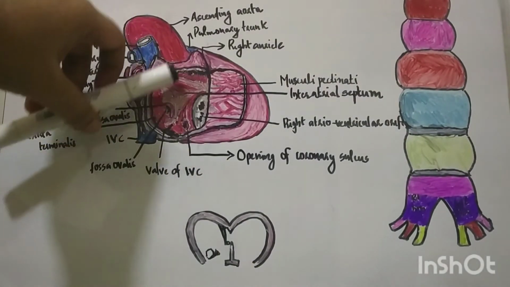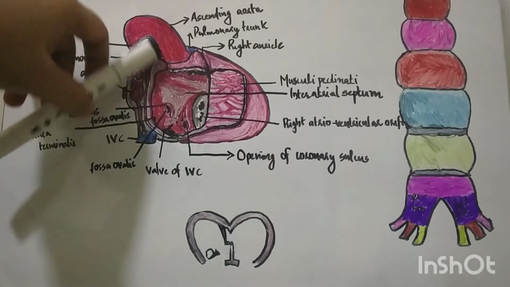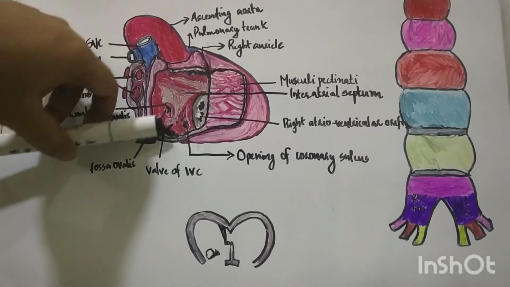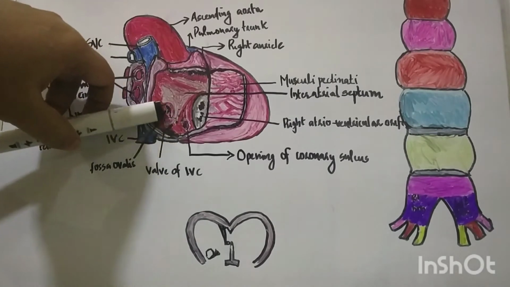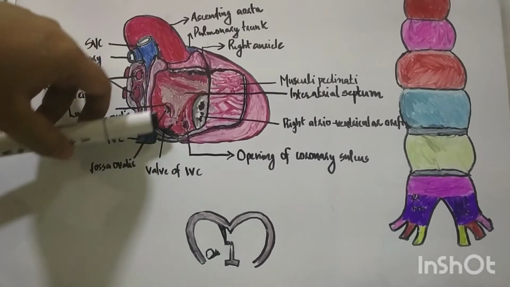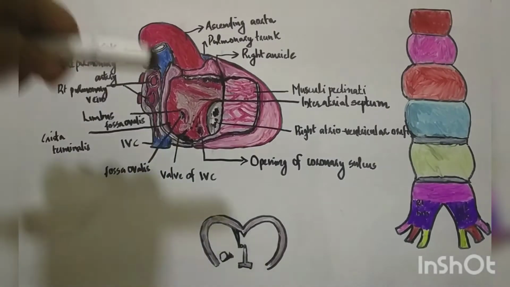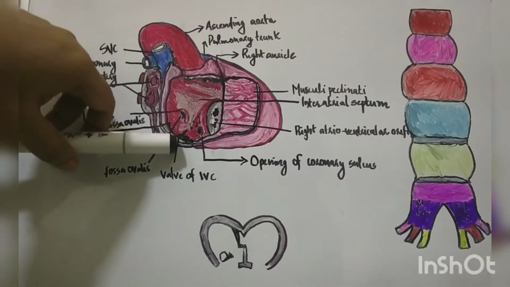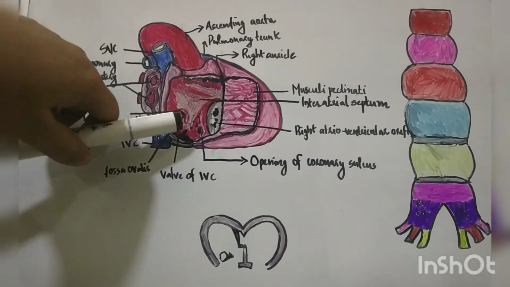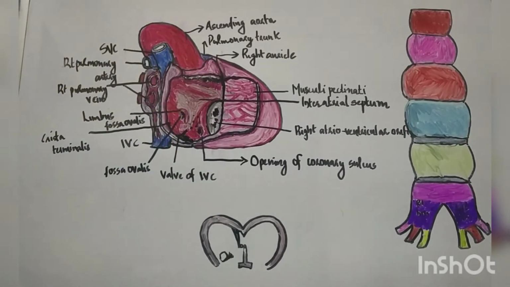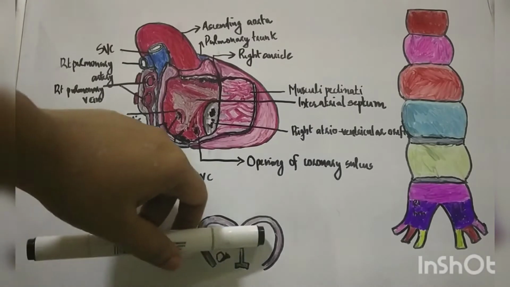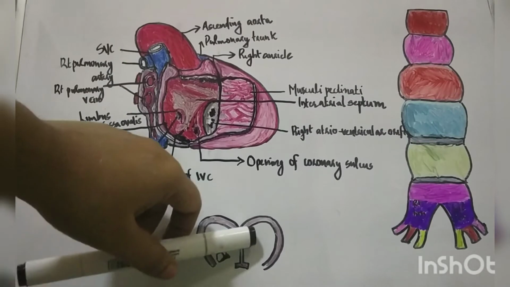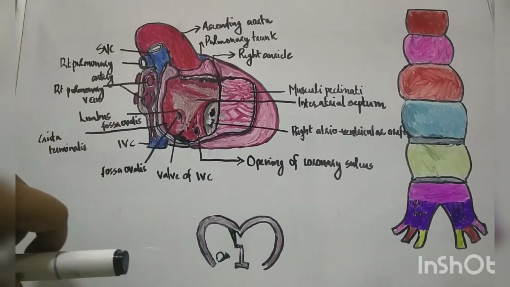There are many openings or inlets. The superior vena cava opens on the upper part, the inferior vena cava opens on the lowest part, and there is a rudimentary valve of the inferior vena cava, called the Eustachian valve. The blood from the inferior vena cava is guided to the left atrium by this valve through the foramen ovale.